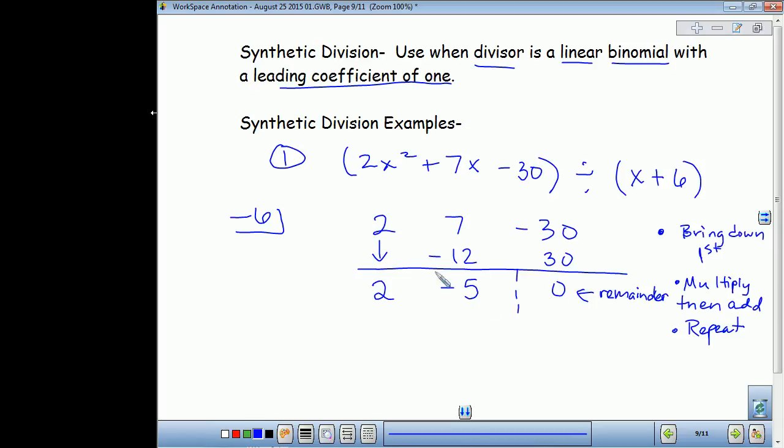Then we work our way backwards. This is our constant. This is our linear term. If we had some more, the next one would be the squared. If we had some more, the next one could be a cube. So the answer, when we divide 2x squared plus 7x minus 30 by x plus 6, is 2x minus 5. Is that what we got when we did long division? Yes.